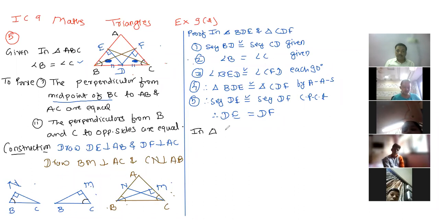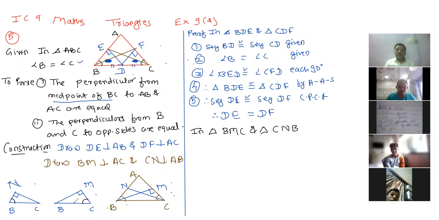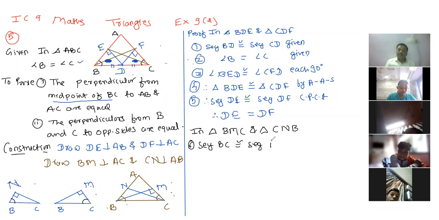So which triangles are they? In triangle BMC and triangle CNB, if you observe carefully, BC is present in both triangles. So side BC congruent to side BC, that is the common segment.